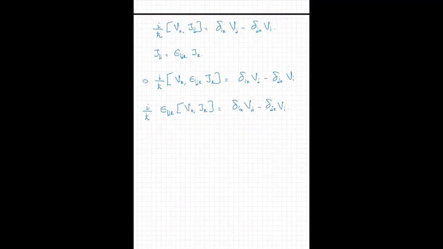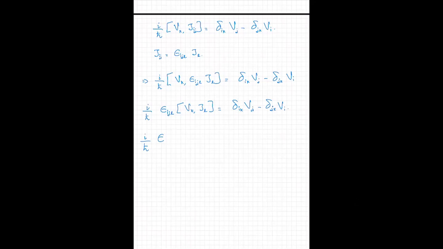Now I will do a small trick. I'll multiply both sides by epsilon. Remember that i, j, and k are free indices in this equation, and l is summed over.